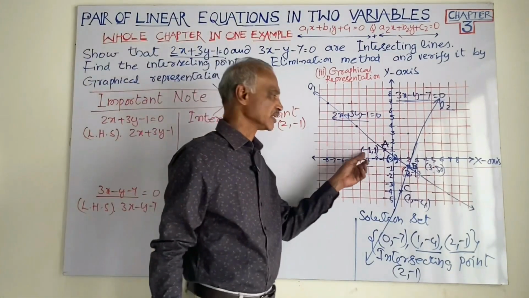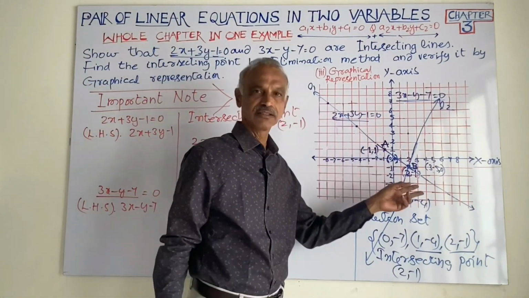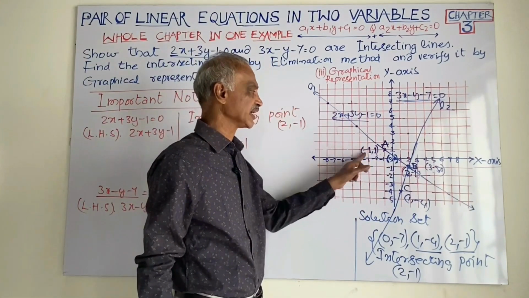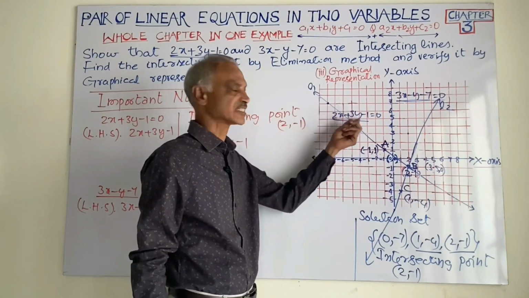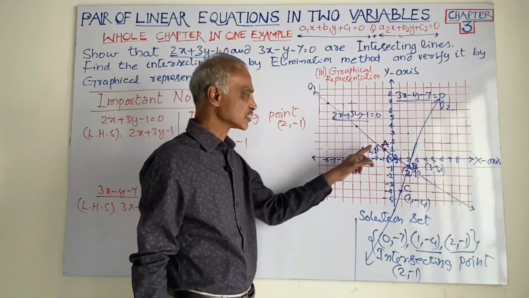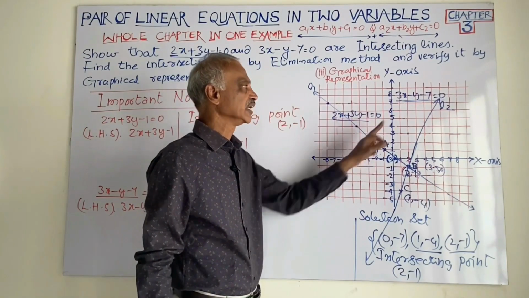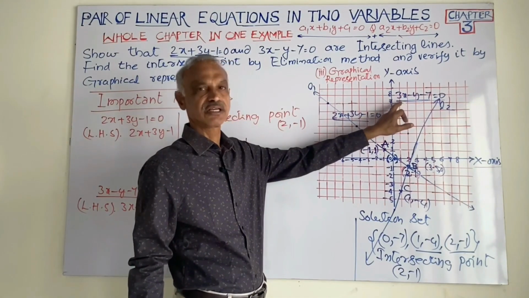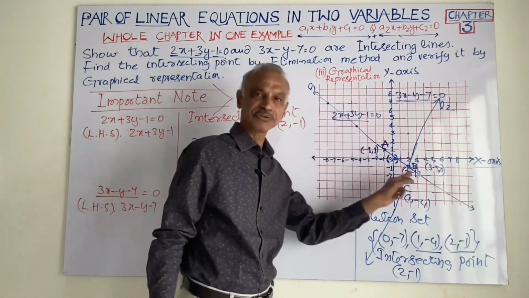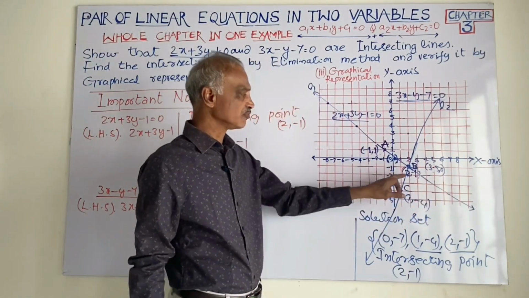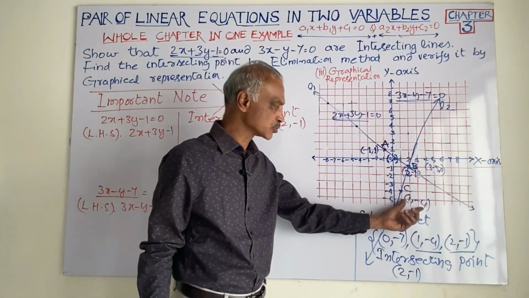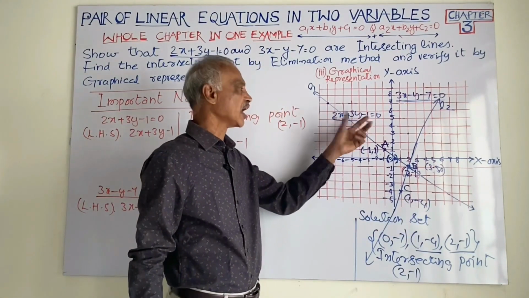See, (-1, 1) is a point on the line 2x plus 3y minus 1 is equal to 0. If I substitute -1 and 1 in place of x and y, you will get 0 in LHS. In the other equation, I don't get 0, because this point is passing through only this line. If you take the point (1, -4) and substitute in this LHS, I won't get 0.